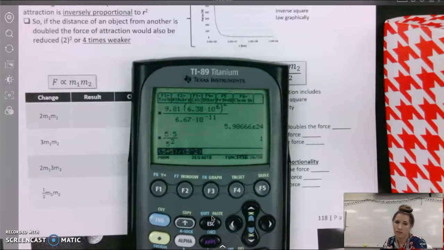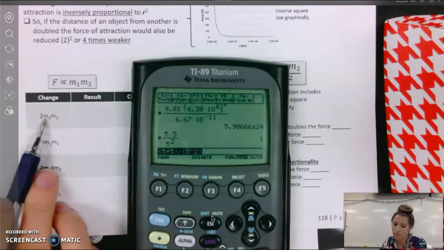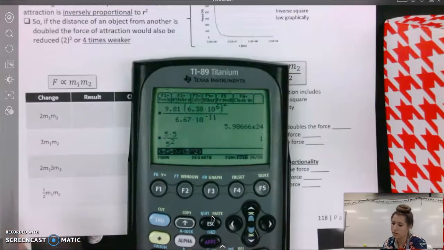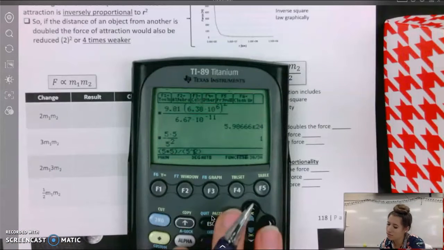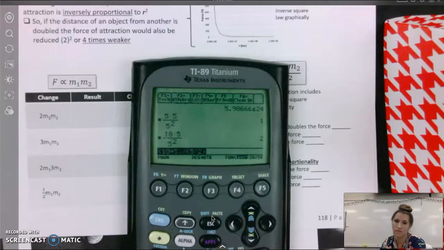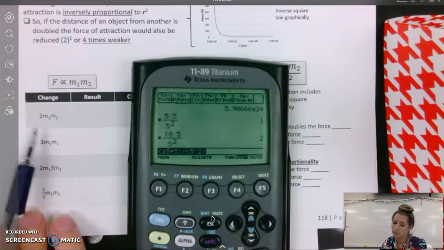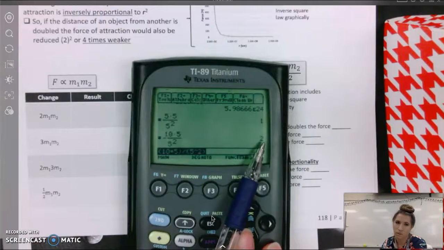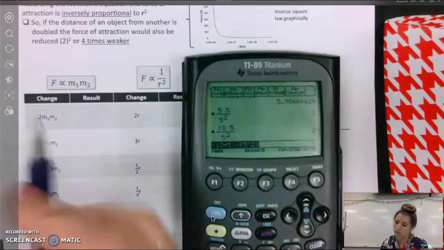Okay. Now, here it's saying, what if m1 was twice as much as it was before? So it's 2m1. So instead of being 5, now we have 10. When mass 1 doubled, my force doubled. Okay, so what's the result of this?